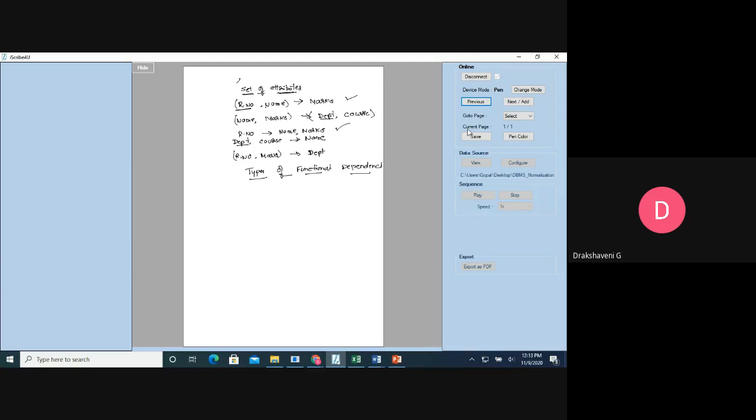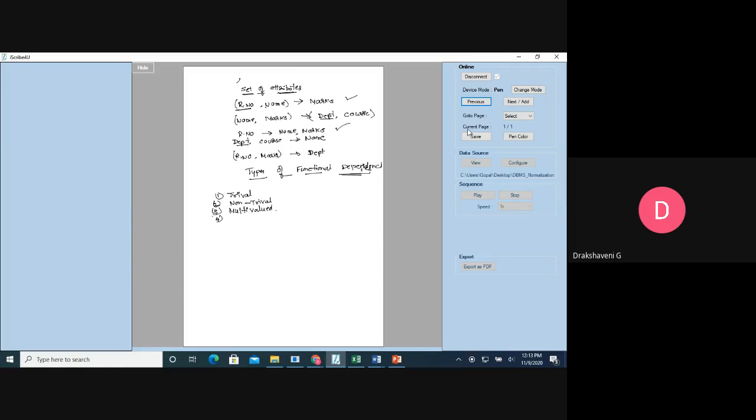Okay, types of functional dependencies. So what we are doing? First one, trivial. Second one, non-trivial. Next one, third one, multi-valued.